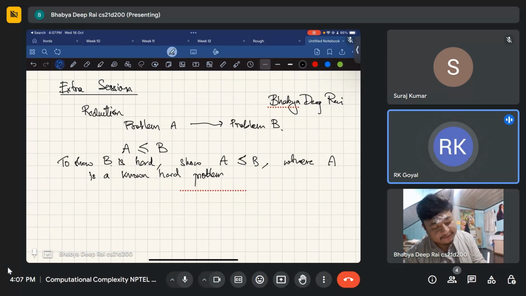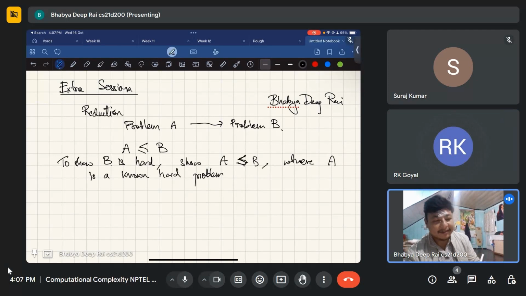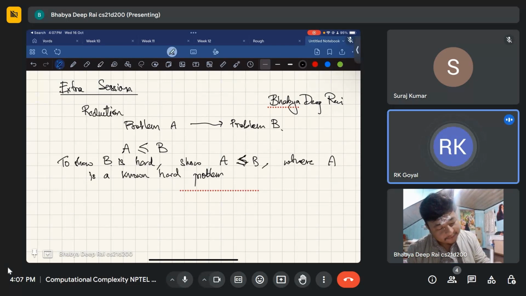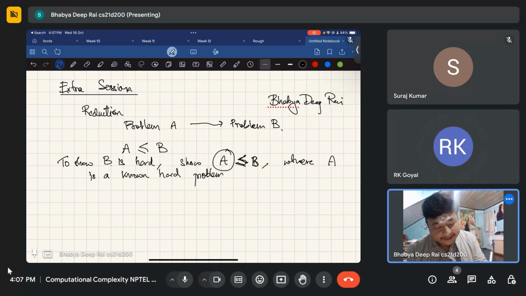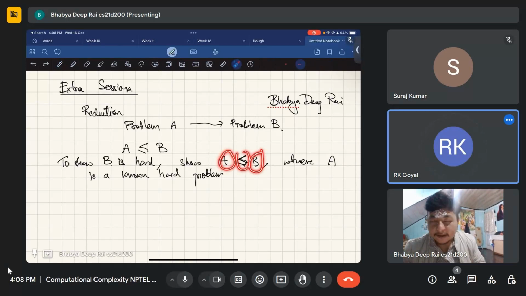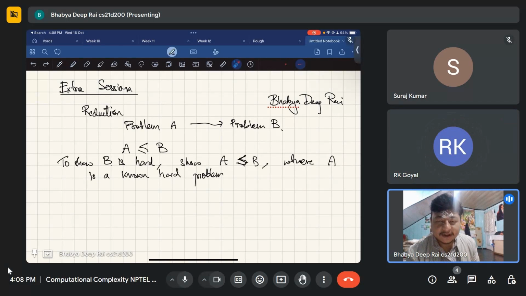This less than or equal to sign is sort of like comparing hardness: A is at most as hard as B, or B is at least as hard as A. Nothing can be said about the hardness of B except that B is at least as hard as A. Because if B were easily solvable, then A would be easily solvable.